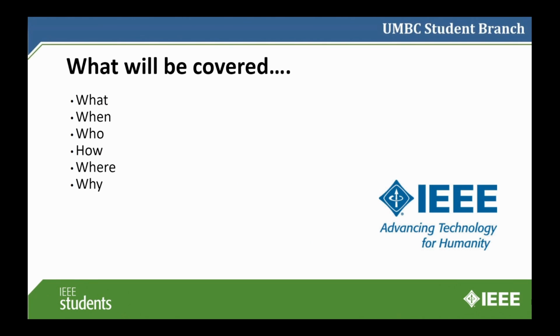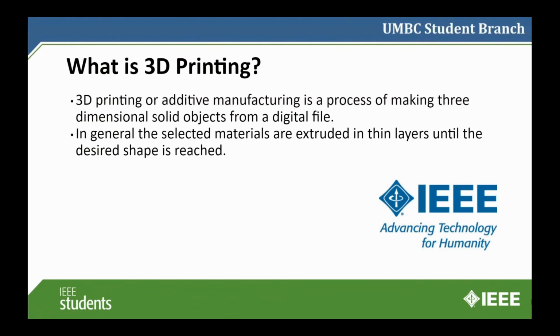We're going to be talking about the what, when, who, how, and where and whys about 3D printing. I guess we can just jump right in. So what is 3D printing? It's a form of additive manufacturing that allows plastic to be melted in an extruder, and you're able to make three-dimensional objects. Normally, you have software that takes a file and dissects the information into G code, which are instructions for the 3D printer.